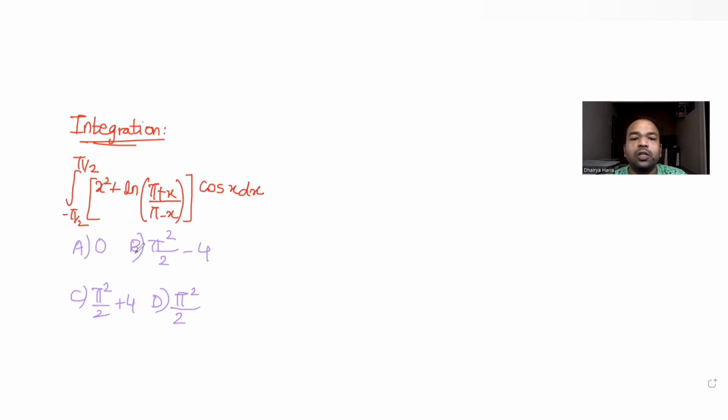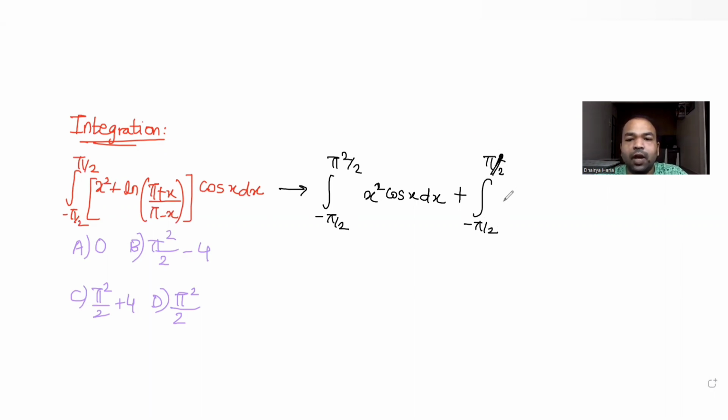If I try to solve this expression first, I can split it as the integral from minus pi by 2 to plus pi by 2 of x square cos x dx, and the integral from minus pi by 2 to plus pi by 2 of log of (pi plus x) upon (pi minus x) to the base e into cos x dx. So these are the two integrals which we need to solve for.